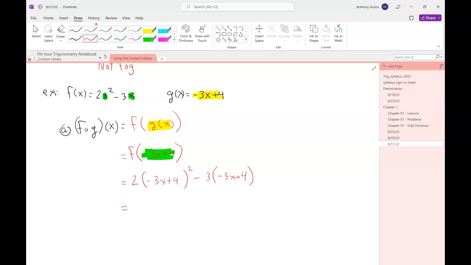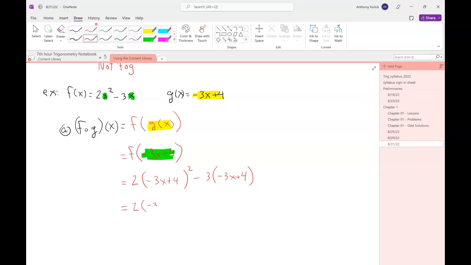Okay, what do I get when I do negative 3x plus 4 quantity squared? Is that going to give me 9x squared plus 16? No. No, it's not. We do not distribute exponents.